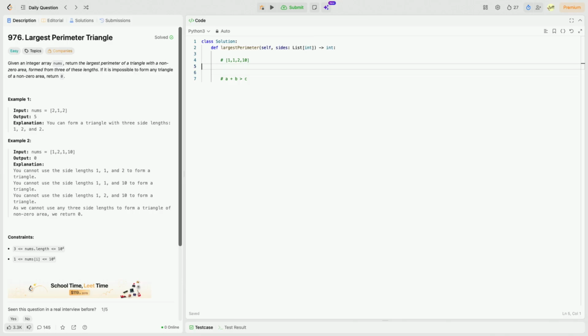Well, we could pick the longest side first and then see if there are short sides that we can use. So what we could try is we could pick the longest side and its immediate two neighbors. And if that is already not a valid triangle, that means we cannot include the long side, right?